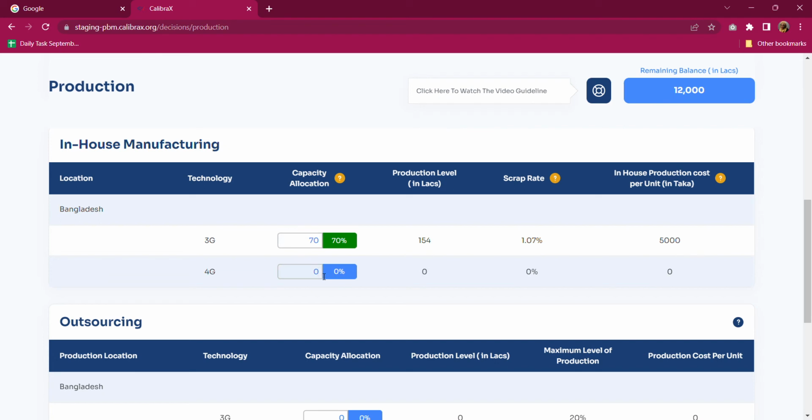We can test it by entering 40%, but they will not give us access. The total capacity of BD is already being utilized, so we are going with the 30% capacity allocation. There is 66%.